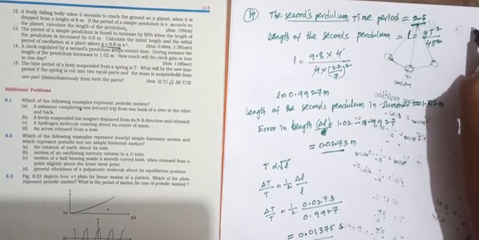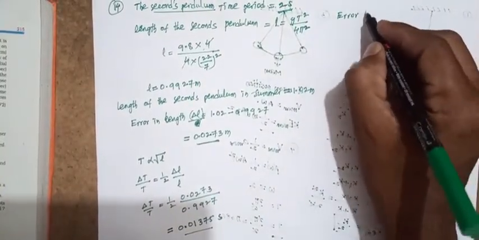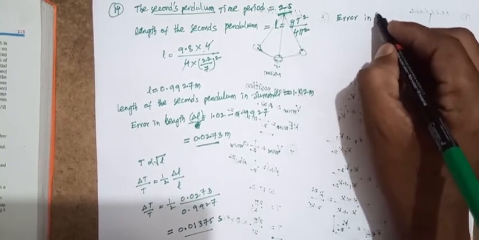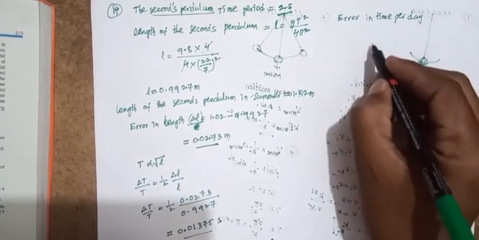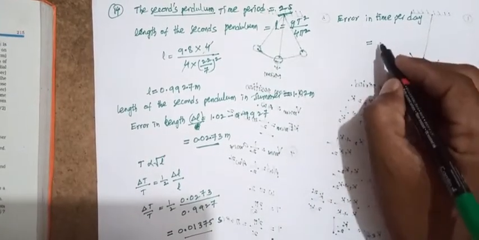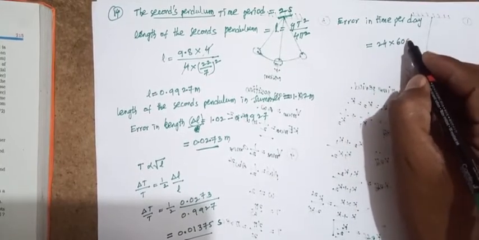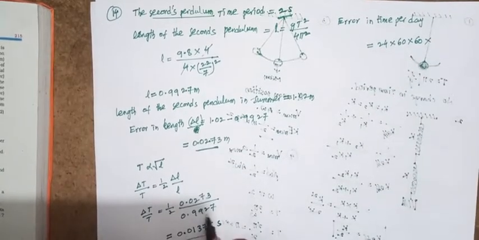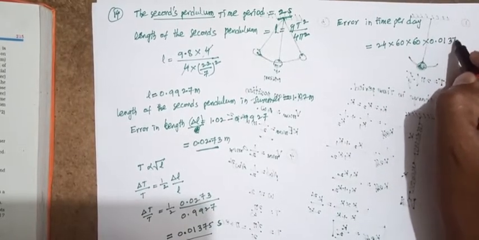Error in time for a day equals, so this is 24 hours, 60 minutes and 60 seconds, into this error in time 0.01375.